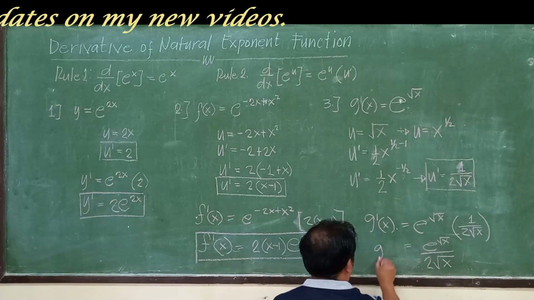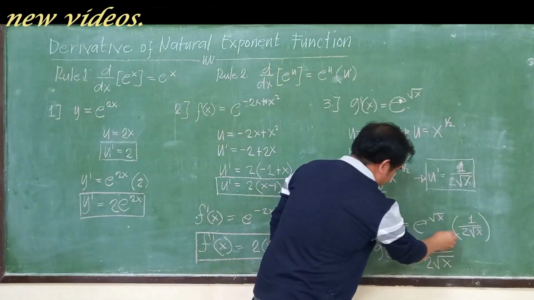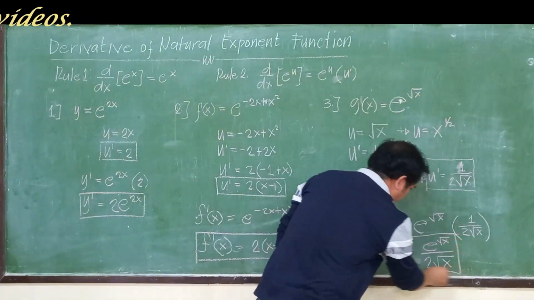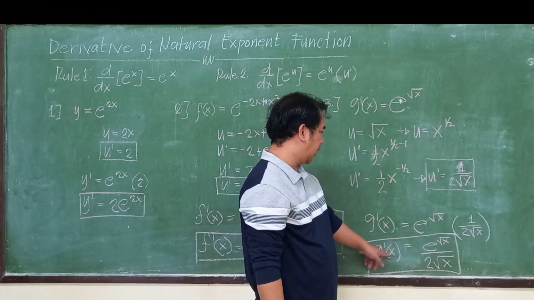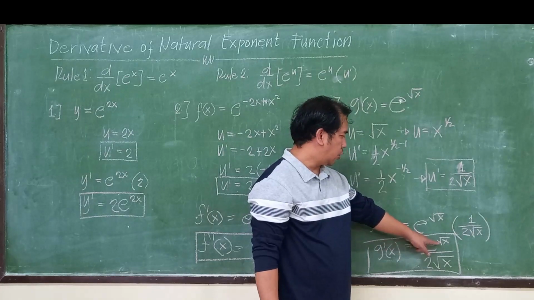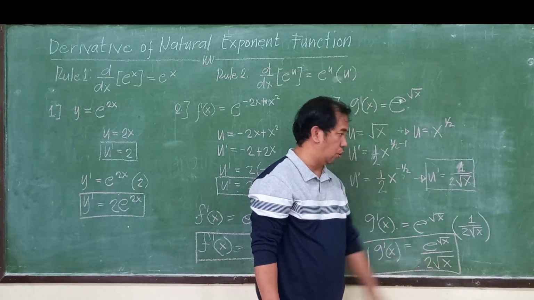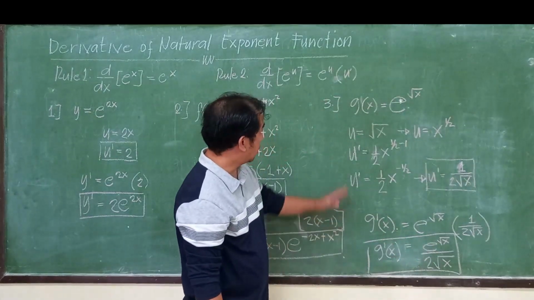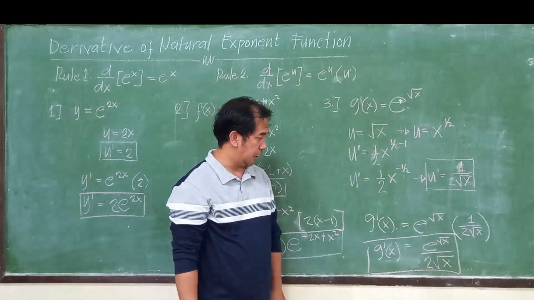So meaning our g prime of x is equal to, that is the same as e raised to the square root of x over 2 the square root of x. So that is the problem number 3.